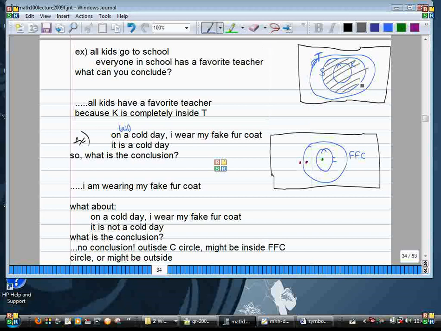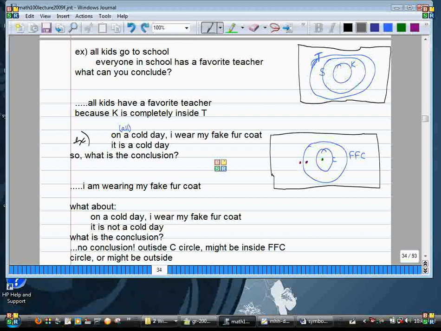Okay, so what are we saying about everyone in school? We're saying all those people have a favorite teacher. So all of that has to be inside T. You dig? Okay. So basically it's like whatever the first statement is, it's going to be inside the second one. That's what I'm talking about.